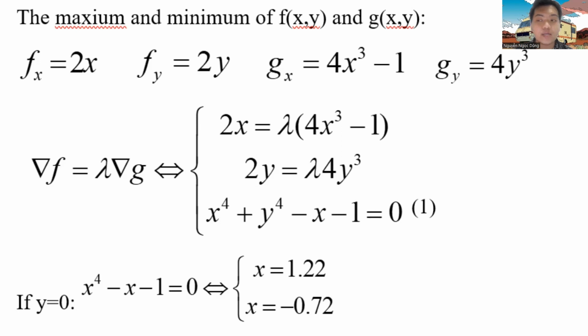So we get the gradient of f equals lambda multiplied by the gradient of g, giving the 3 equations below. If y is equal to 0, then x to the power 4 minus x minus 1 equals 0, and we have 2 values of x: 1.22 and minus 0.72.